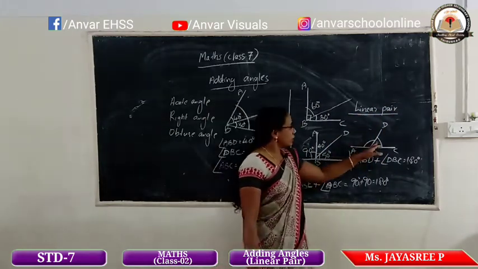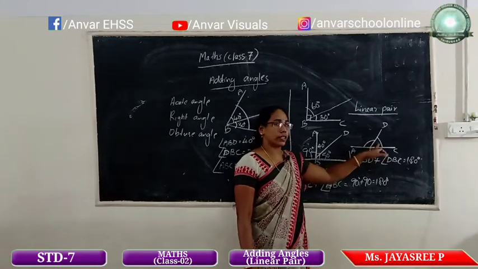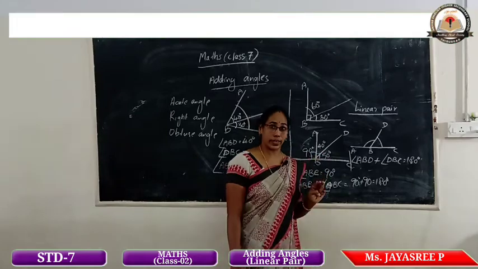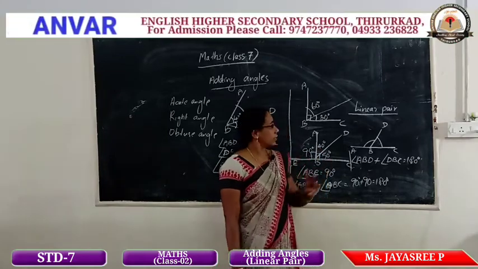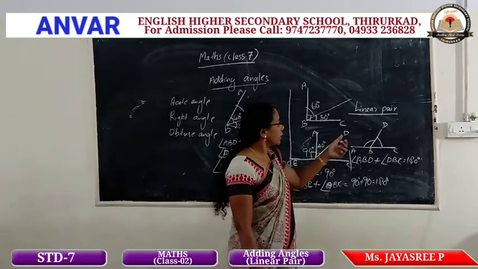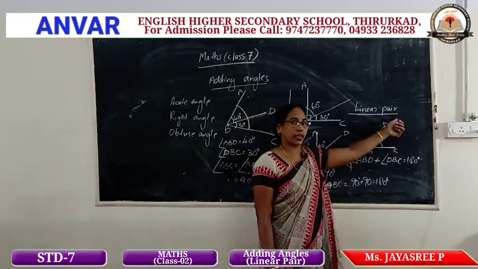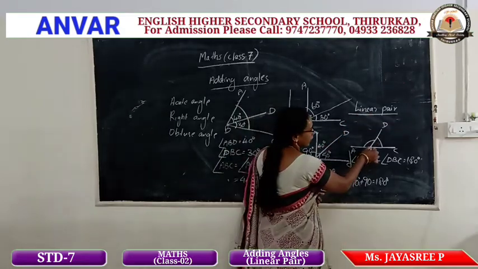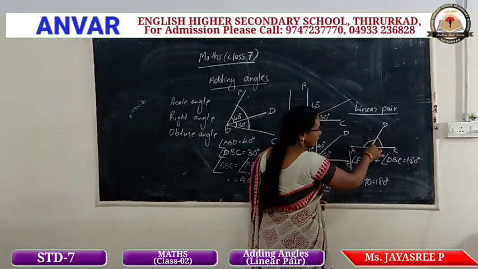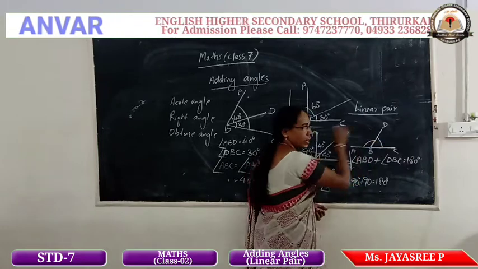That is, if the sum of two angles are 180 degree, then those two angles are known as supplementary angles. And two supplementary angles can be a linear pair when one of the side is common to both angles.